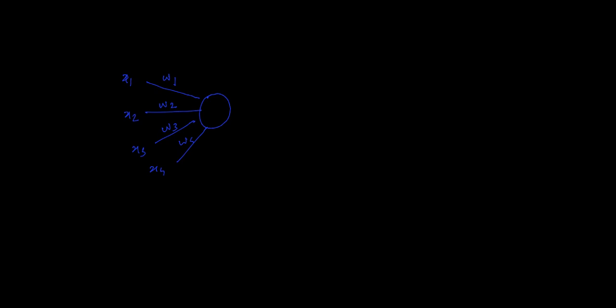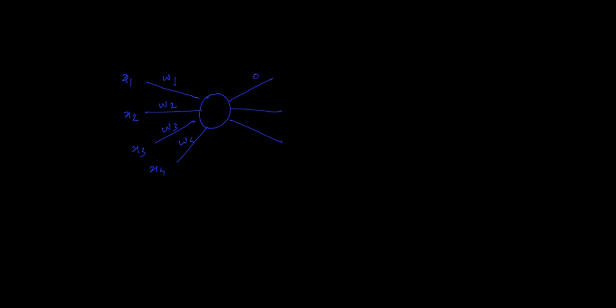Then we have the axon here. Of course, there is only one axon, but at the end the axon gets branched. That means there are branches of the axon at the end. That is called the axon terminal. So the output is sent.